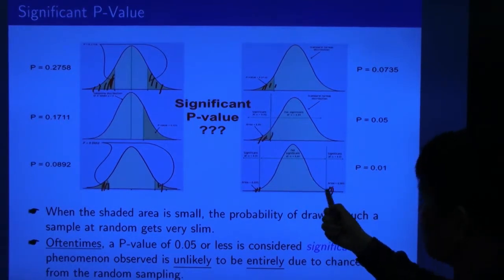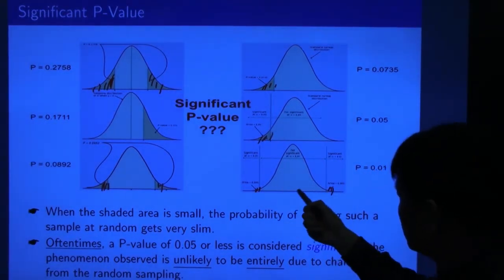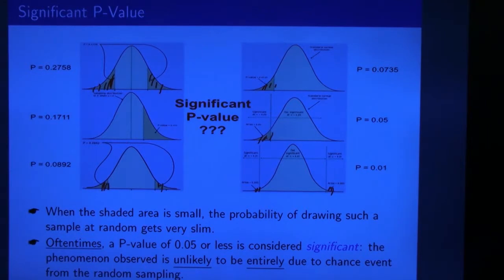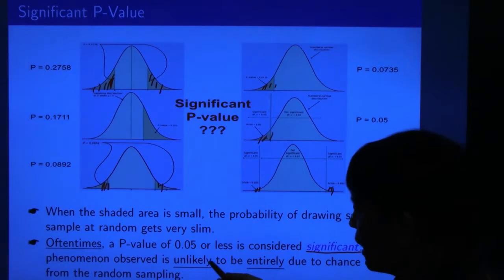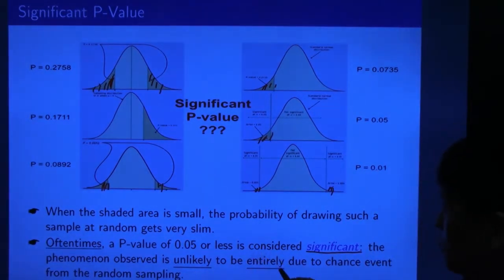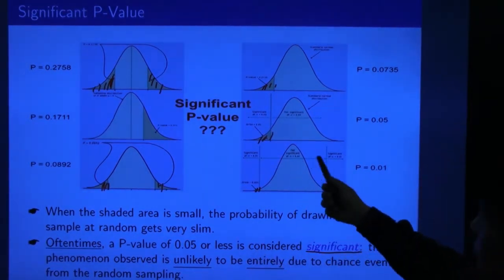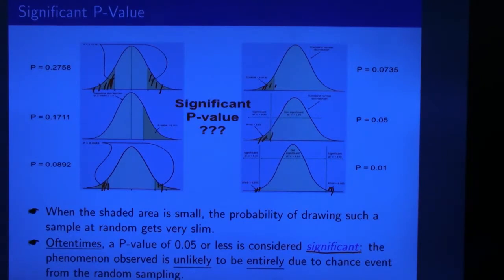But if your sample is here, that chance is very small. That means this phenomenon is very significant, and it is unlikely due entirely to a chance event from a random sample.